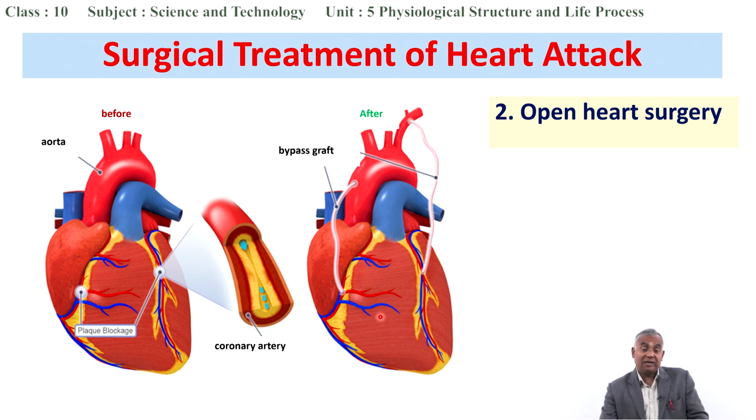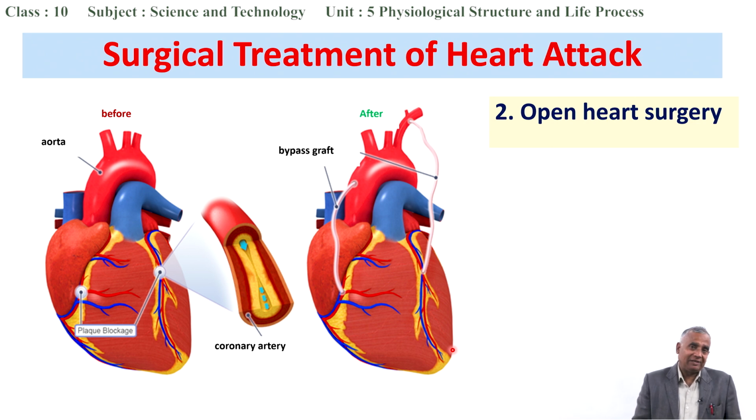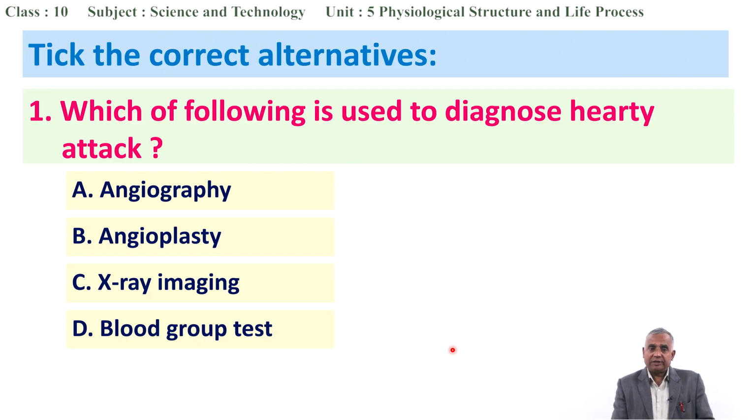So it has to be done in a very short period. Here is blockage, here is blockage, here is blockage. After the blockage, here also and here also, the tubes are connected, grafted, and it is also called bypass surgery. In this way, surgical treatment is done.